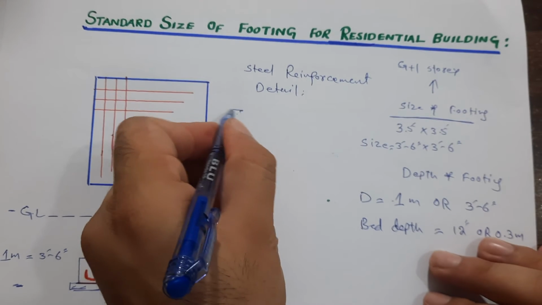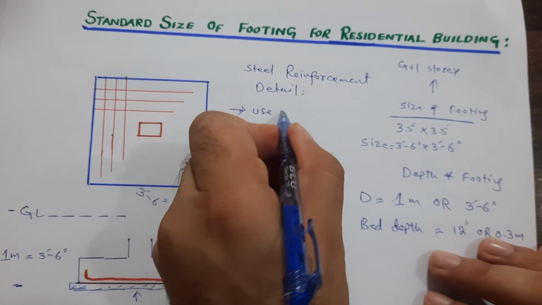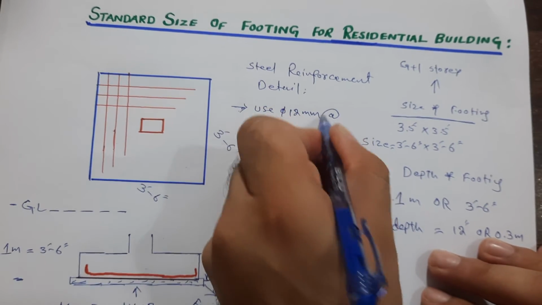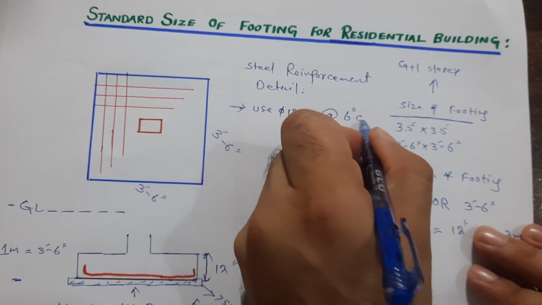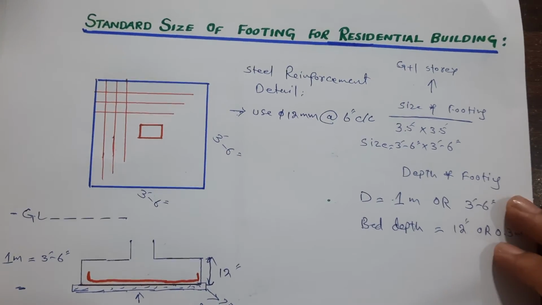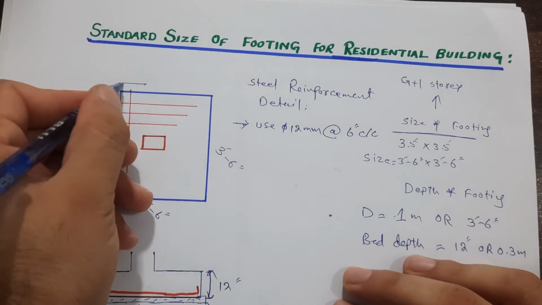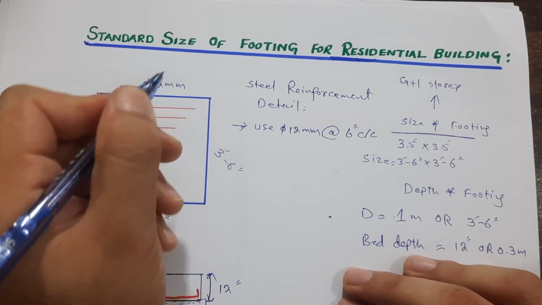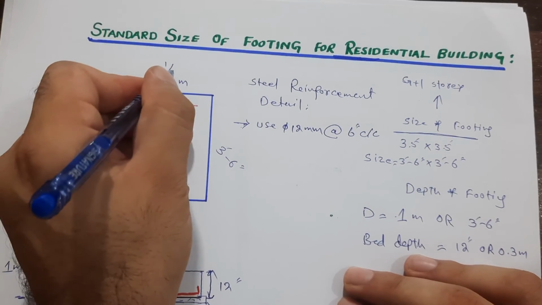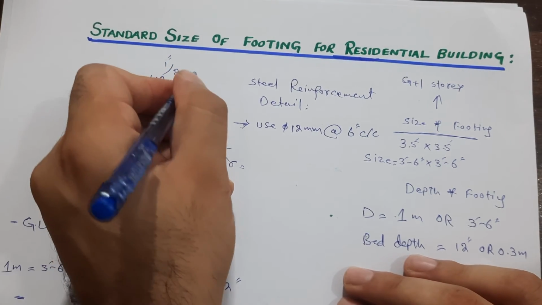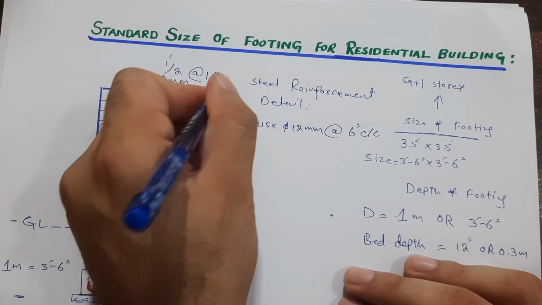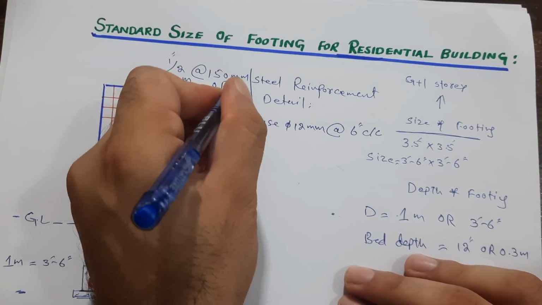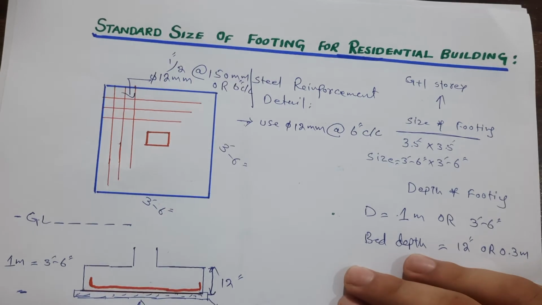So remember here, use 12 millimeter dia with the spacing of 6 inches C/C. Guys, you can see main bars and distribution, both of them guys, you can see 12 millimeter, or you can say ½ inch, with the spacing of 150 millimeter or 6 inches center to center.